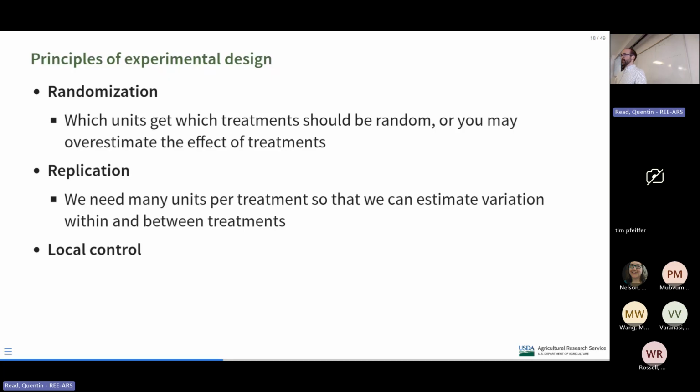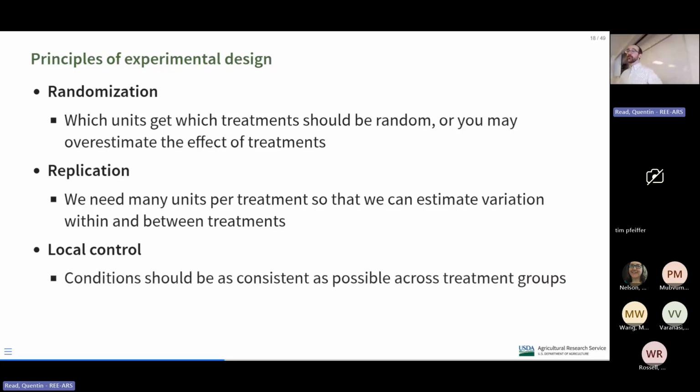And the last one, not as commonly thought of as randomization and replication, is local control. That means conditions should be as constant as possible across the treatment groups, essentially that we're holding other variables besides the one we're manipulating as constant as we can.